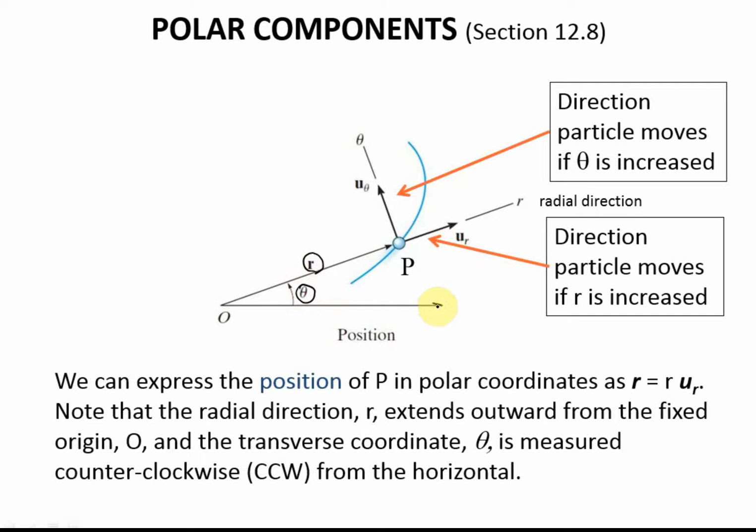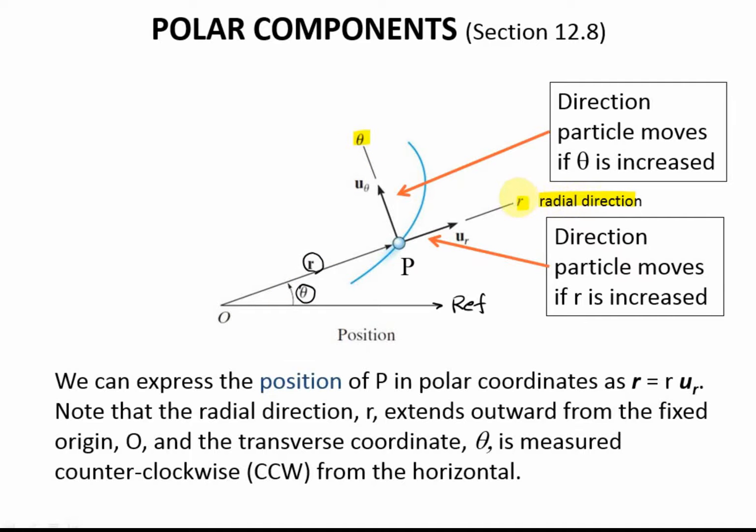This is my reference line, and these are the radial direction. This R is the radial direction, and another line perpendicular to it is the transverse direction. We put the theta here because this is the direction of the change of theta.